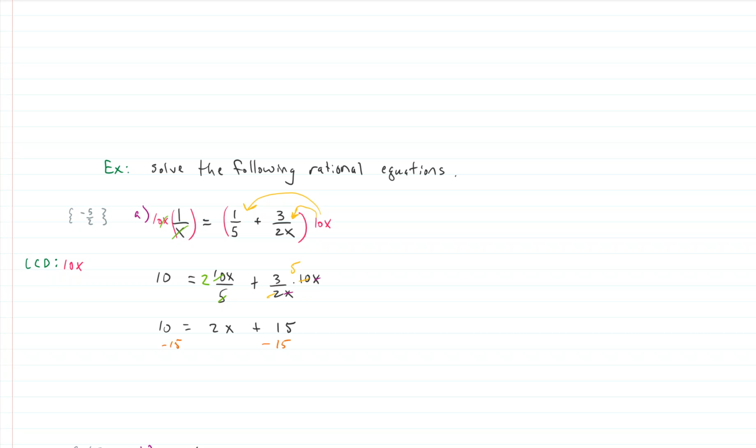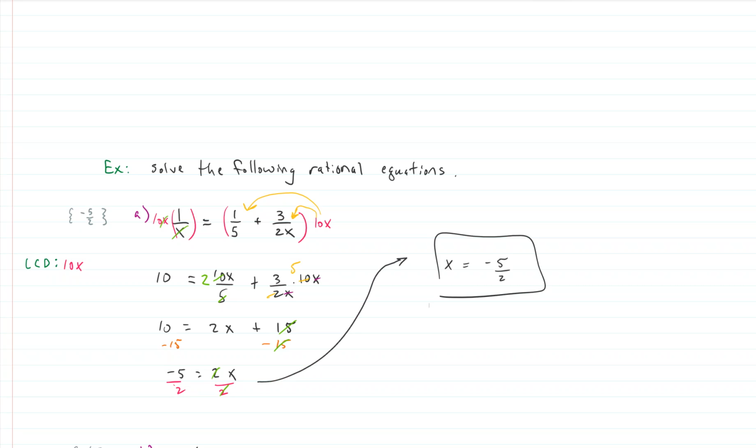We can see that we cancel out the 15, and what do we get? -5 equals 2x. We can divide both sides by 2, and the 2's cancel on the right, and we get x equals -5/2.